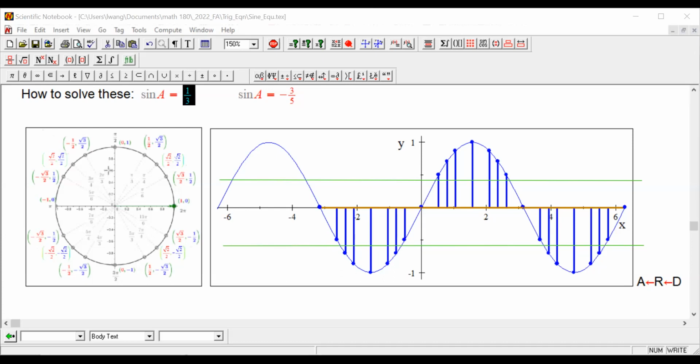The only thing that we have trouble with is to identify these points. What is this piece? What is that piece? And surely once we find these 2 pieces, we just plus 2k pi.